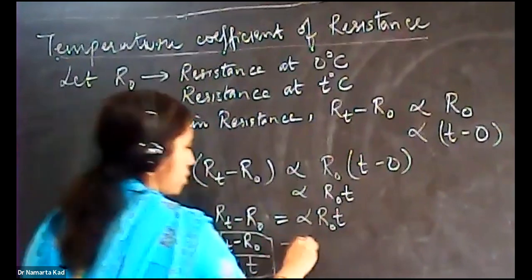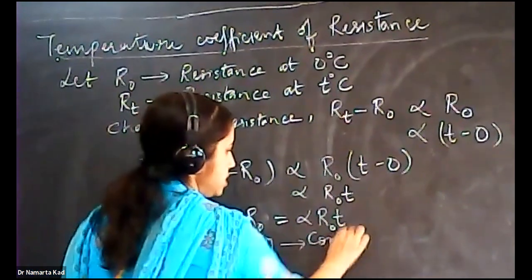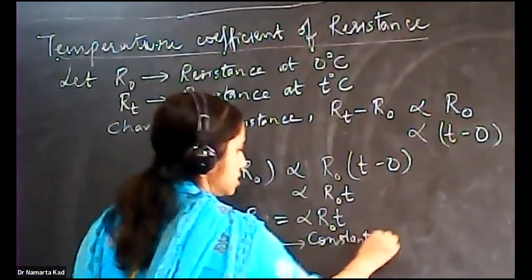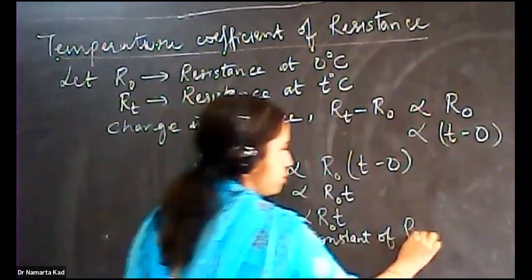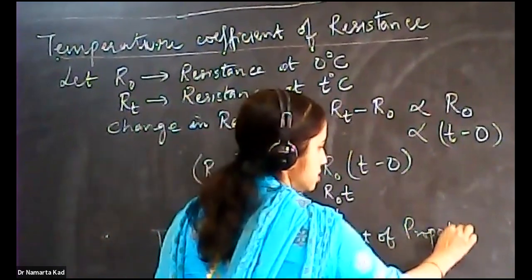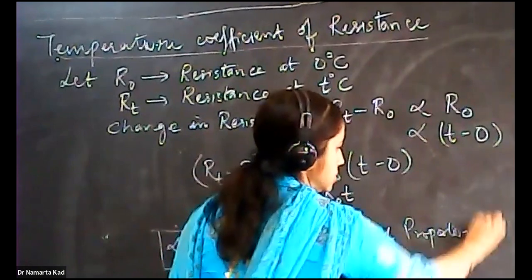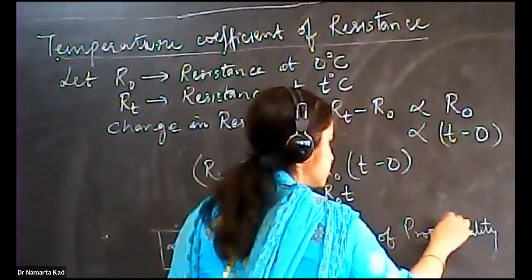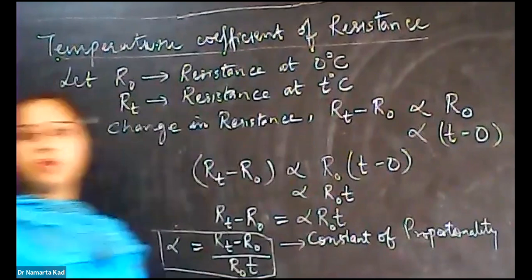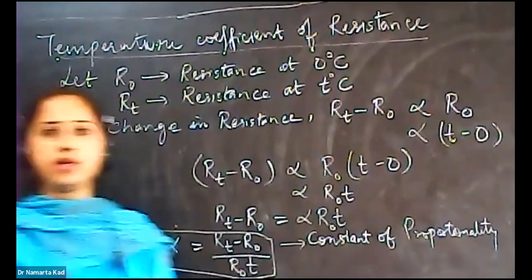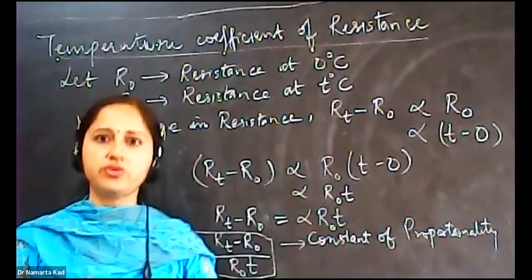Okay, and this is called as the constant of proportionality, and called as temperature coefficient of resistance.